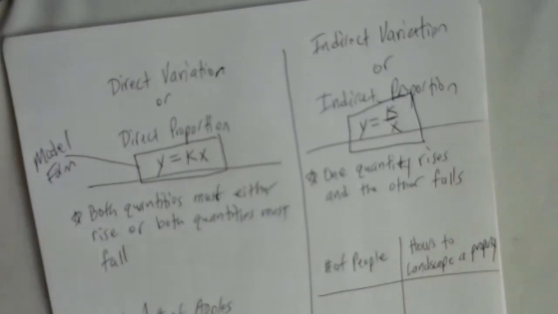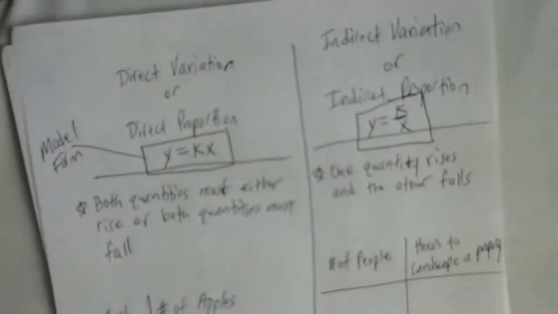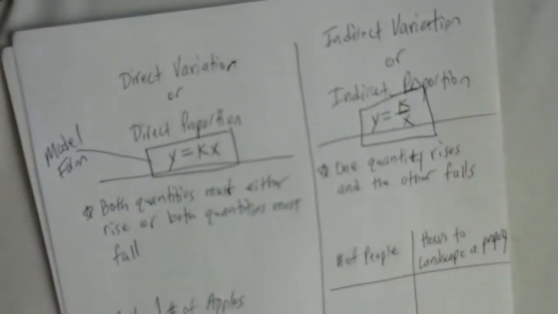All right, so let's take a look at an example. This is just to understand what these proportions are and how they operate. So this is coming from section 1.6, problem number 7.